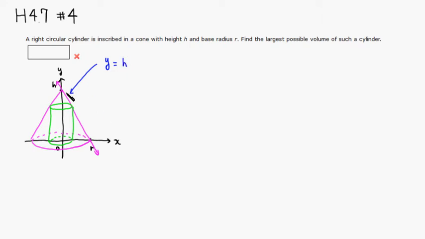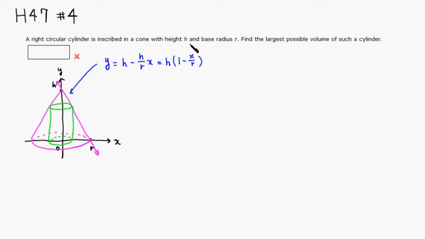And the slope is, for a run of r, the rise is going to be negative h because it dropped down h. So it's going to be negative h over r times x. If you want, you can factor out h, so you're going to have h times 1 minus x over r.